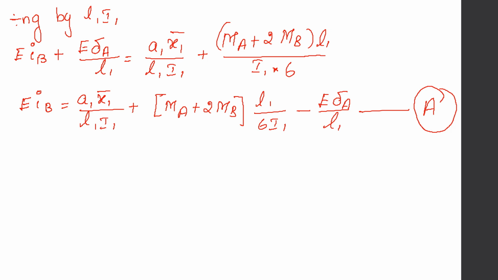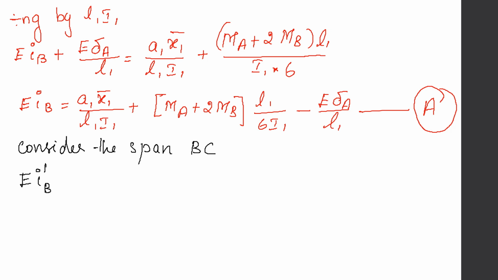Now, we will consider the span BC. In a similar manner, when you consider the span BC, similarly we get E into IB dash. The thing is, the slope remains same.